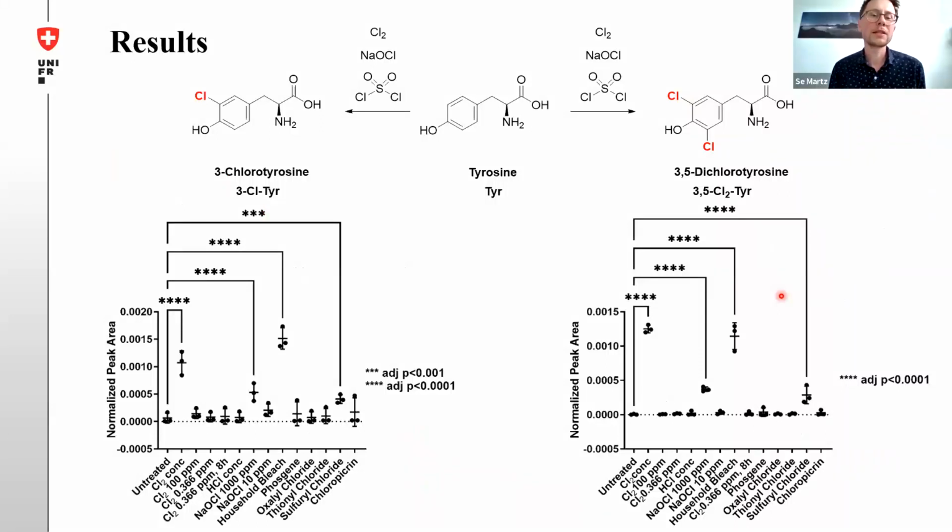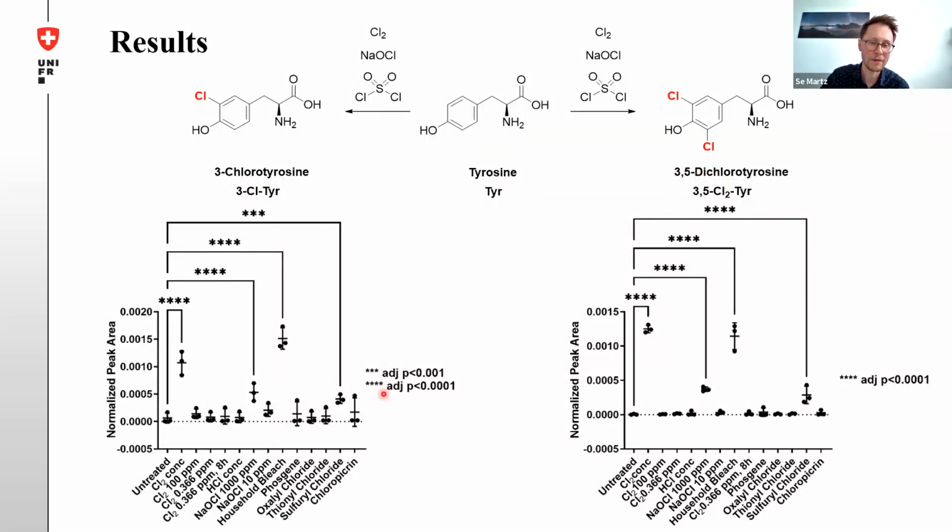And now some results. In our targeted approach, we were looking at tyrosine. Tyrosine is the amino acid here with our phenolic group here. And at this point, we could see that tyrosine reacts to 3-chlorotyrosine on the left-hand side and 3,5-dichlorotyrosine on the right-hand side.